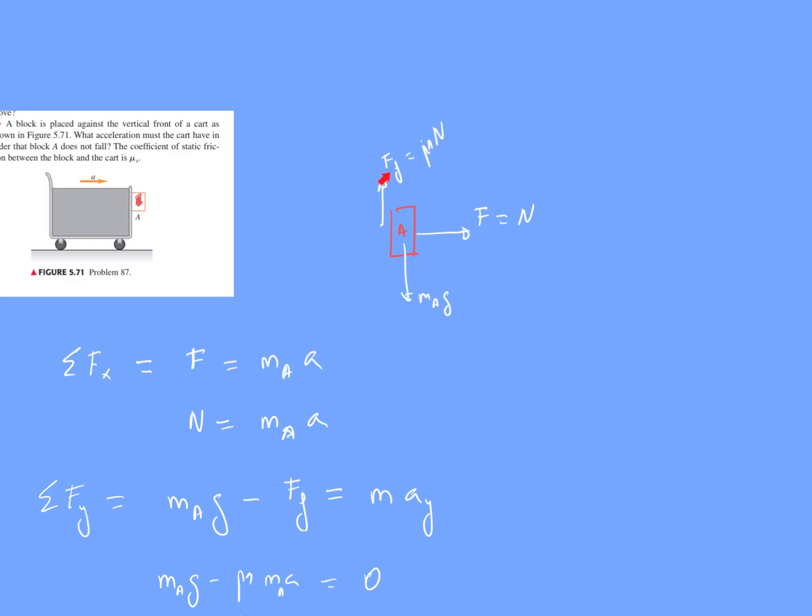So when the friction force increases, eventually it will reach the same amount as mg going downwards. And at this precise moment of this acceleration, you will find that the object is not falling down, sustained by the friction.